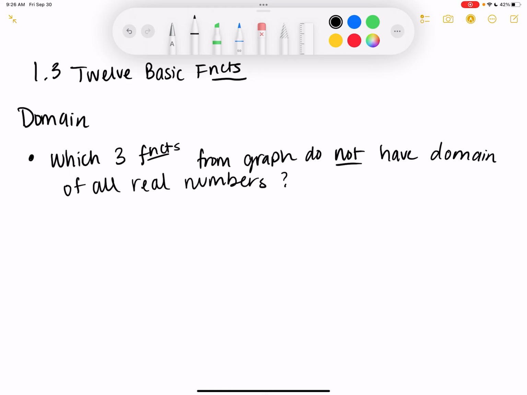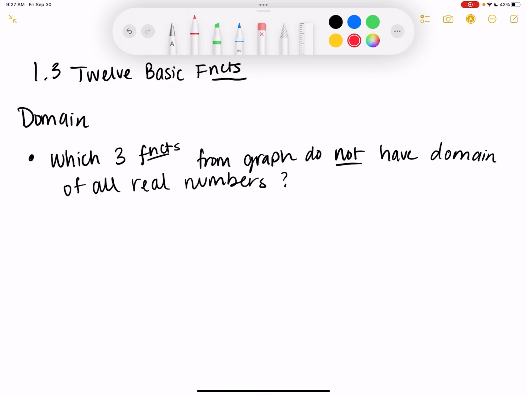So by that we mean which of the 12 functions have a graph that does not cover all x values? So which ones don't take on all x values?